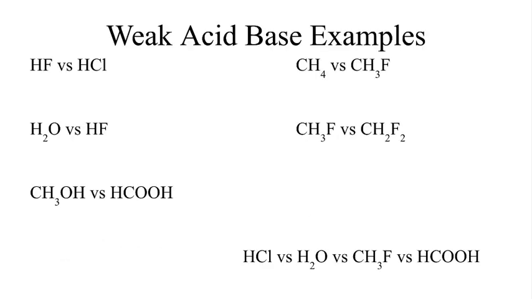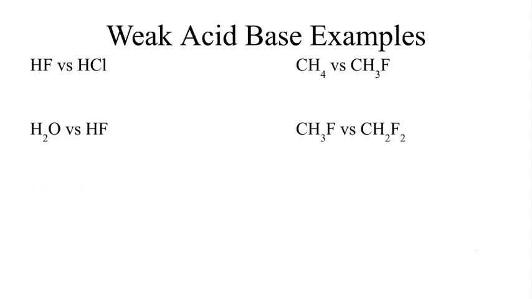Okay? So, ranking weak acids, these are all ranking weak acids. Do you want to try a set? Yeah? Okay, I'm going to give you, that one's too long. We'll just do those two. And I'll try and pause the video and restart it. Unpause. What's our first step for ranking our acids?